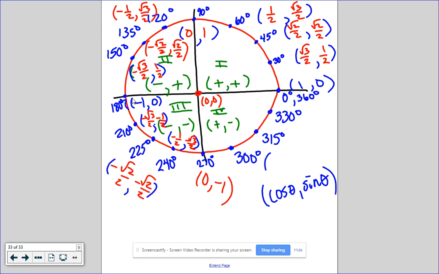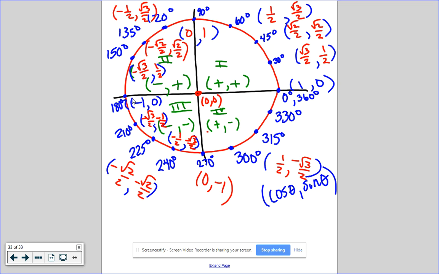So 300 degrees is going to be the same as 60, 1/2, square root 3 over 2. Now the question is, which one should be negative? The second one, or sine. Because in quadrant 4, cosine is positive, sine is negative. X is positive, y is negative.